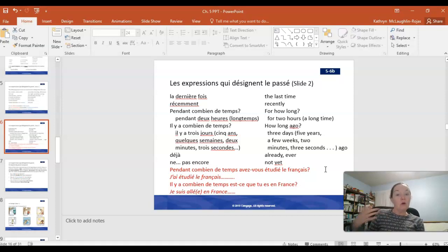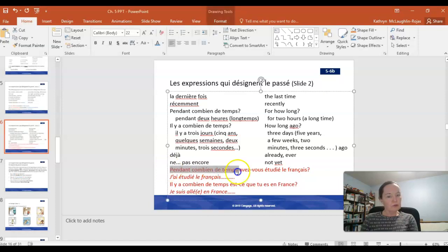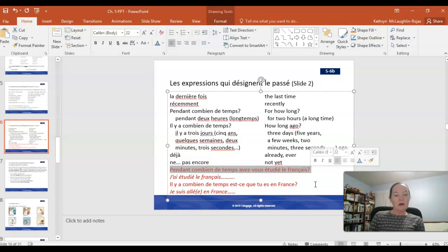So, for how much time? Pendant is like for how much or during what length of time. And I can answer such a question. So maybe we can look at this one I created down here. Pendant combien de temps avez-vous étudié le français? So for how much time have you studied French?